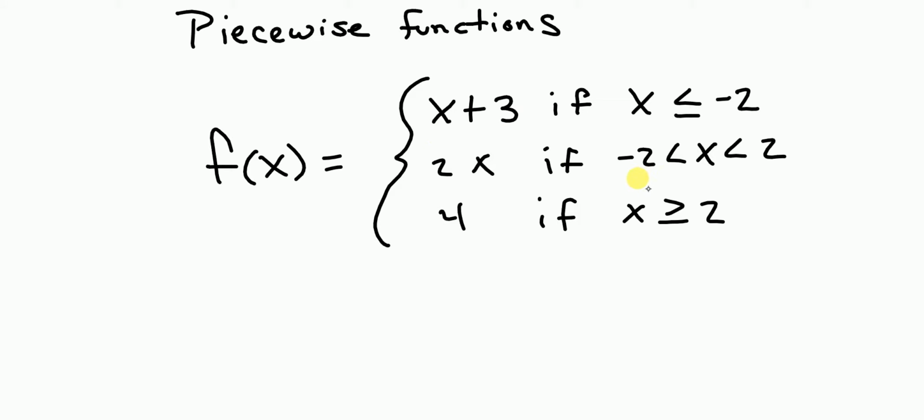If x is in between negative 2 and 2, not including the 2 because there's no equal to bars here, then we would use this function 2x. If x is greater than or equal to 2, then we would just use 4 as our function. Whenever you don't have an x in your function and you just have a number, that's called a constant function.